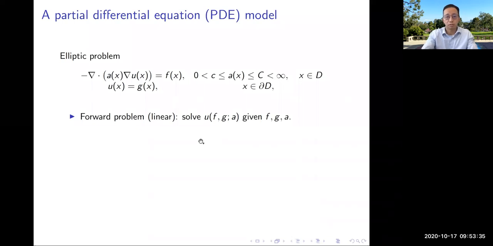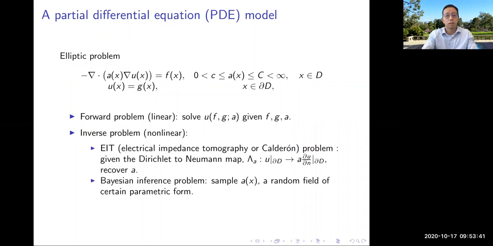If we want to solve the forward problem, given F, G, and A, that's the forward problem. We know for this type of problem there are a lot of efficient algorithms, but when A is multi-scale, it is not that trivial.